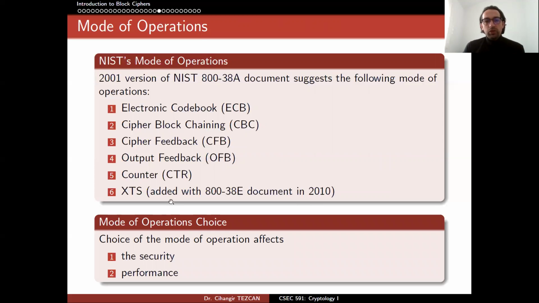Which mode of operation you want to use is actually a choice. It depends on your actual concern about the performance and the security. Some of them are parallelizable, and if you have more than a single core in your system, you might prefer something parallelizable and so on.